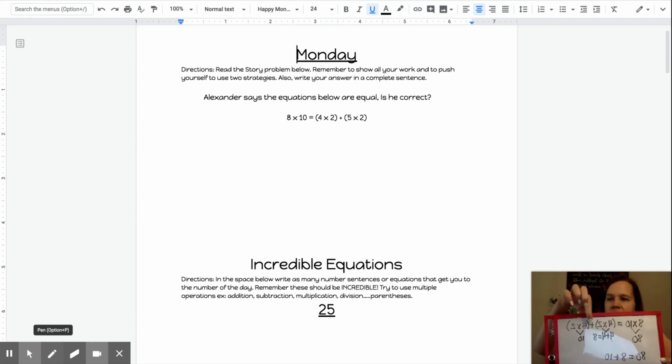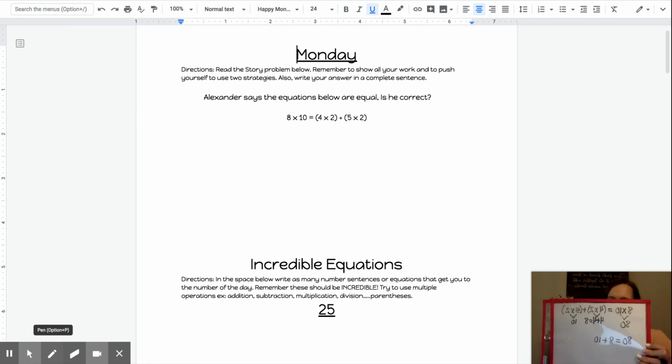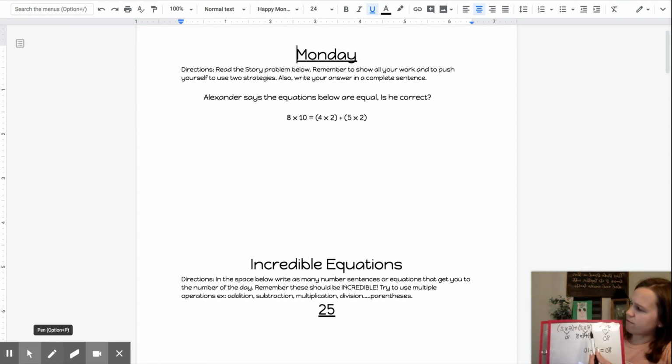And so now I have to follow order of operation rules and add it together. So now I had that 4 times 2 is 8, and 5 times 2 is 10. And I have 8 plus 10 is equal to 80.